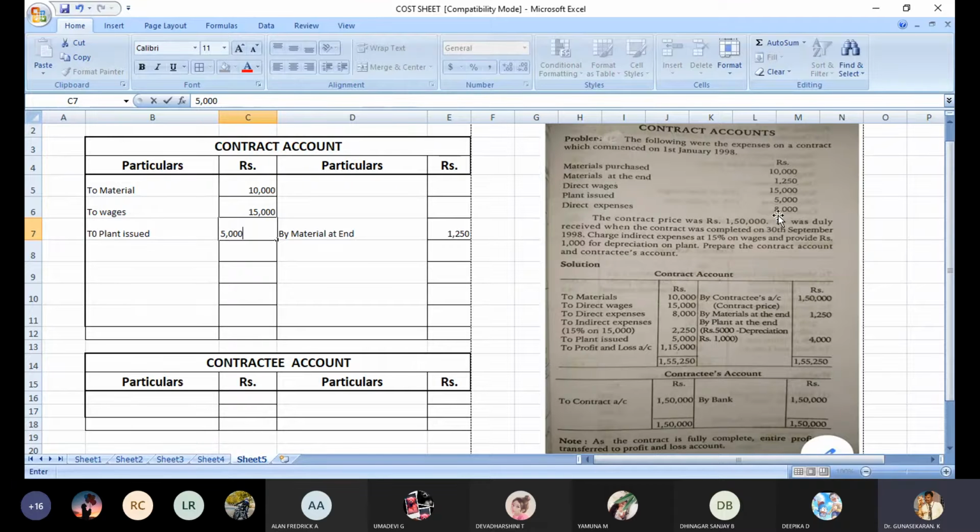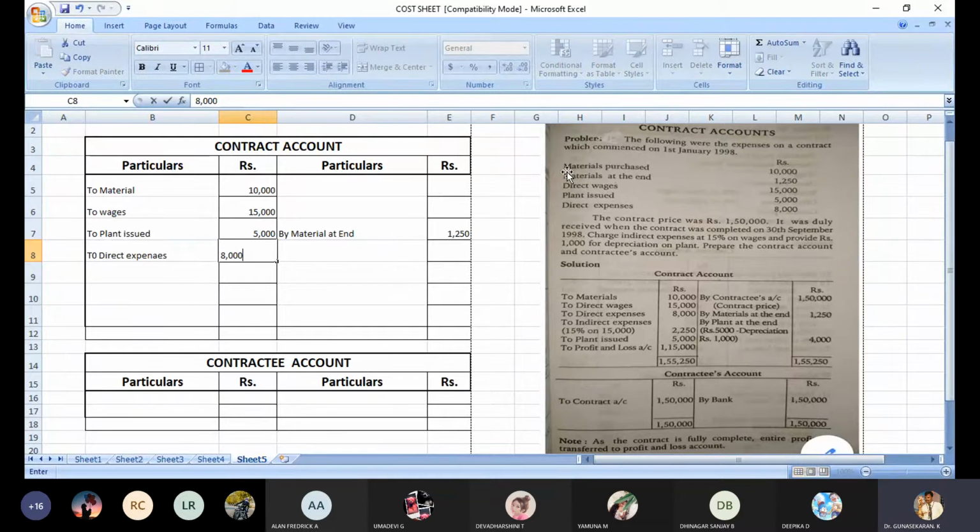That is also an expense. So these expenses are also entered on the debit side: 'to direct expense'.